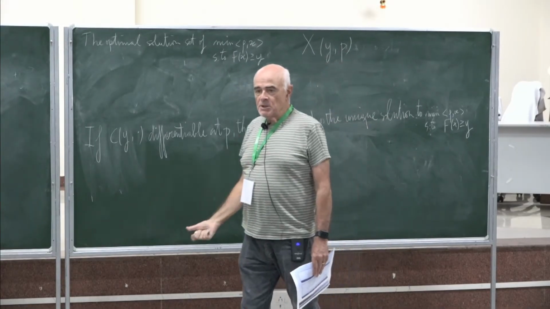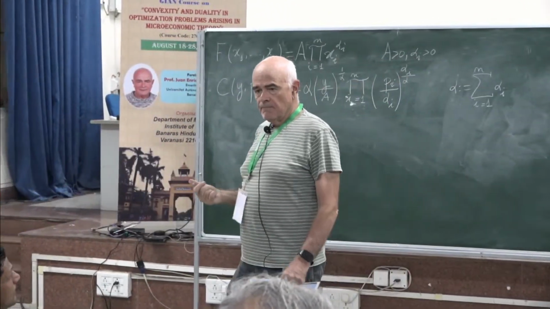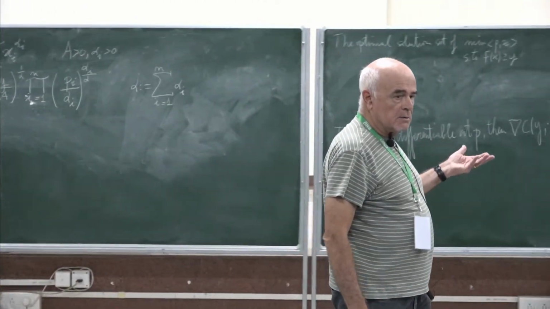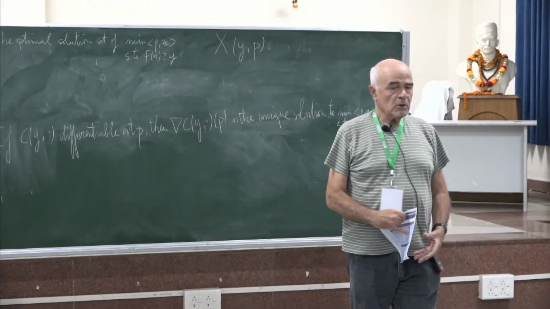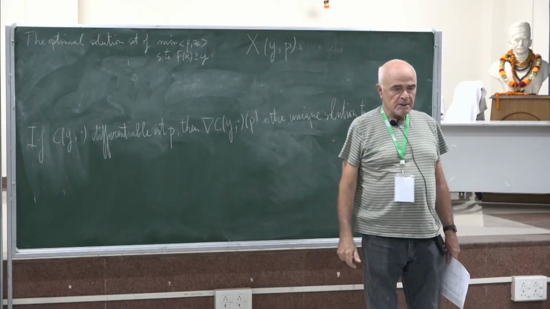This is a parametric optimization problem. It depends on two parameters, p and y. So for every pair (y, p), we have a problem, and I called X(y, p) the optimal solution set.